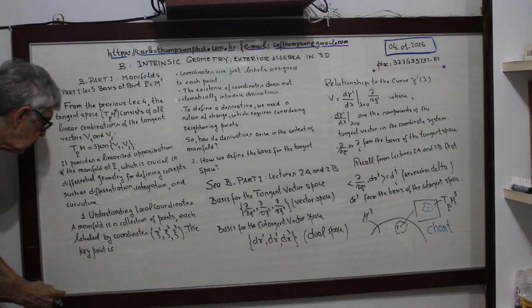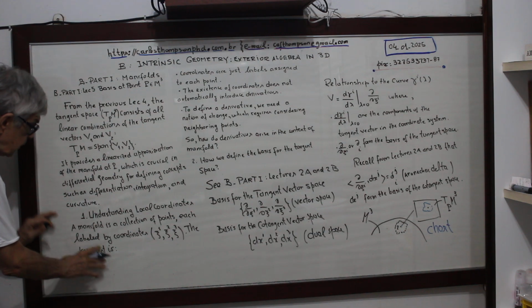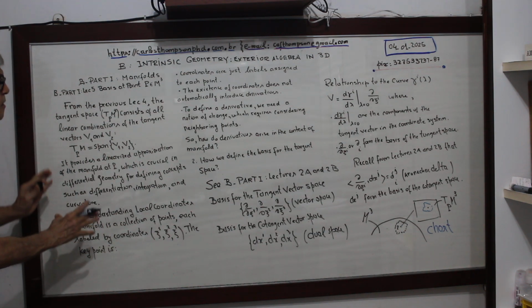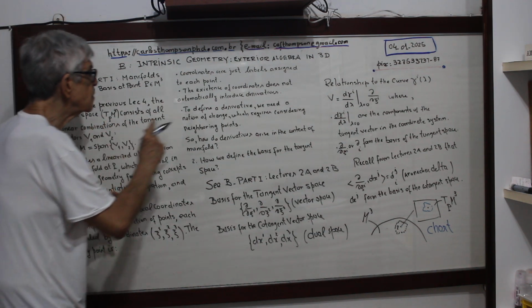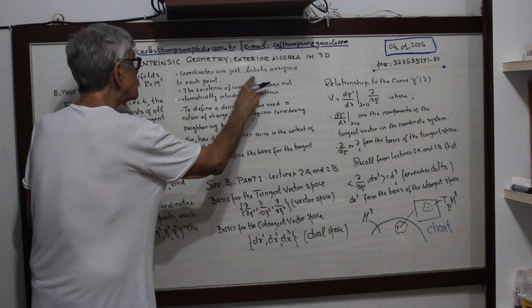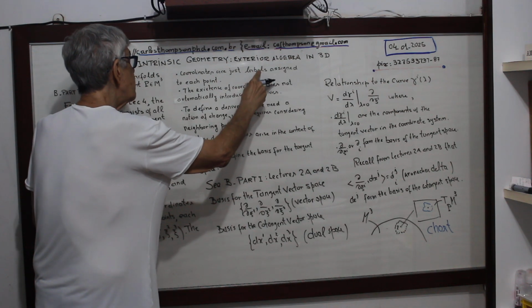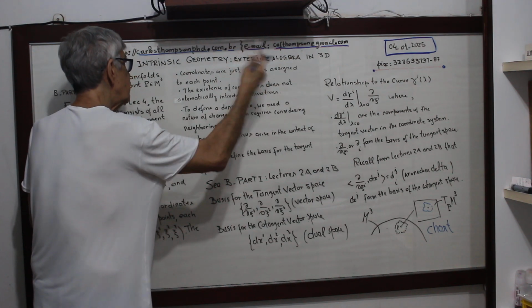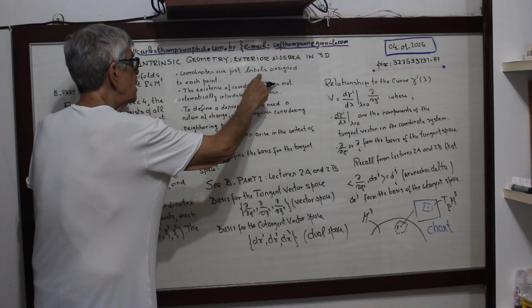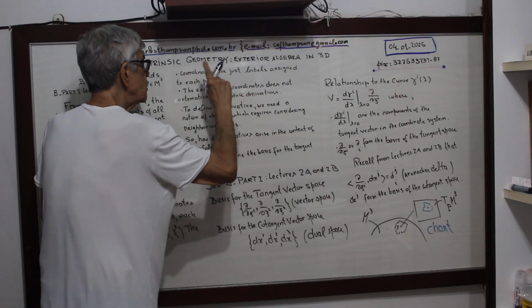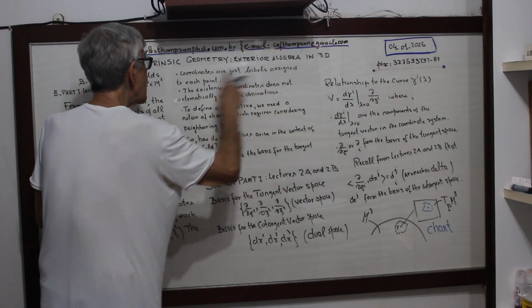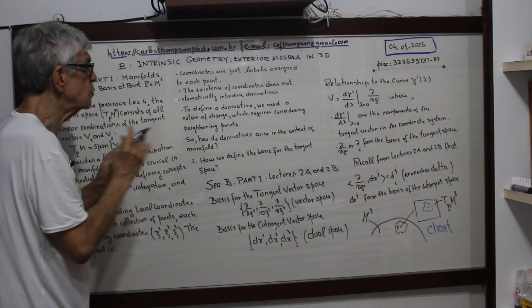Now, the key point of this is first, coordinates are just labels. Attention now. Go back to lectures before. In this part B, they are just labels assigned to each point.